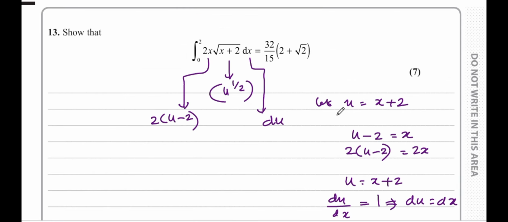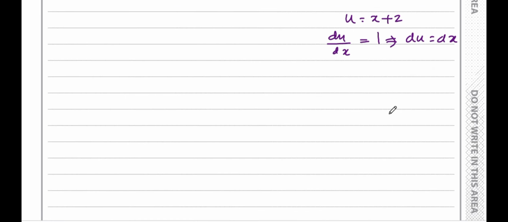All that now remains is we need to change the limits. So let's put two columns. Okay, let's put x here and u here. When x is equal to 0, what's u? When x is equal to 2, what's u? Let's figure out. So we know that u is equal to x plus 2.